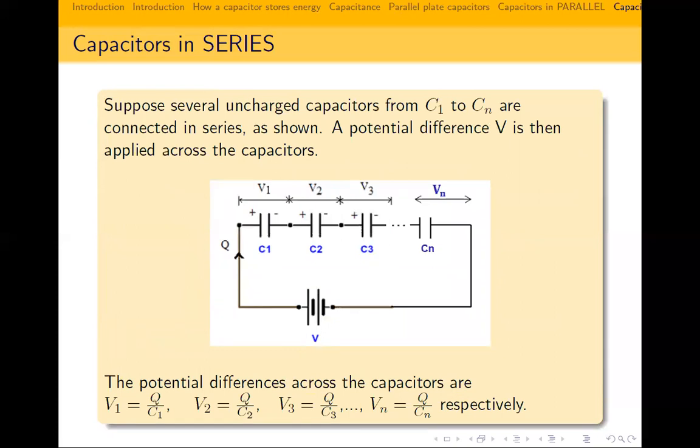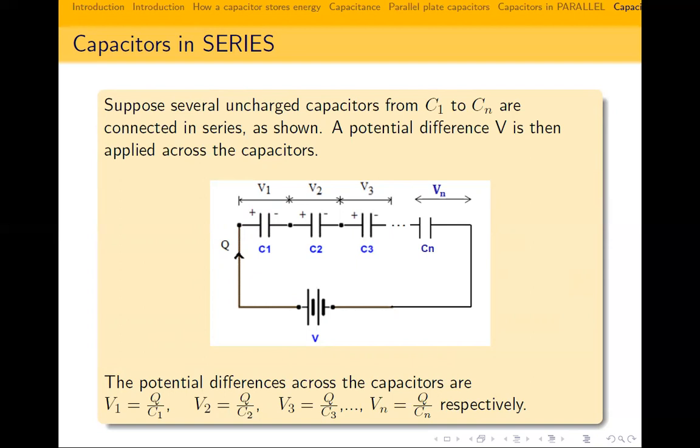When you are dealing with capacitors in series, then you have one terminal connected to the terminal of the opposite sign, then the next terminal connected to the terminal of the opposite sign, and so on and so forth. So again, when you connect an external voltage, you'll have charging current flowing and charges accumulating on the plates, right?